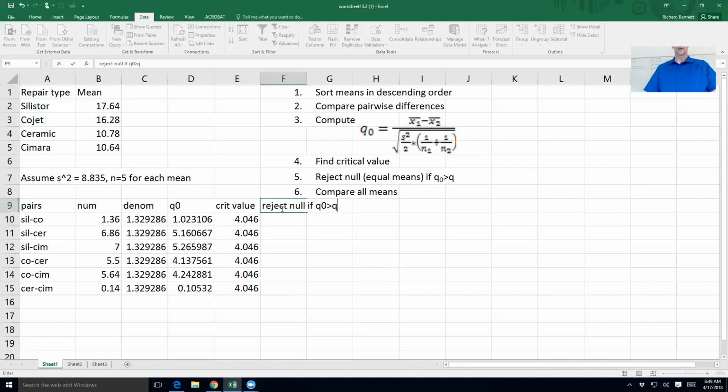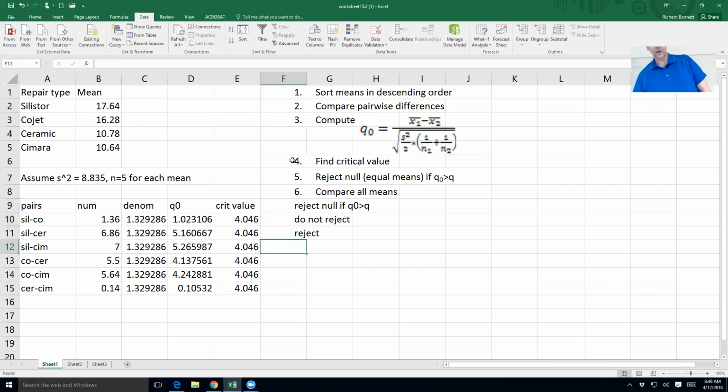Okay? So is Q naught, 1.02, greater than 4.046? No. So we're going to do not reject. Is 5 greater than 4? Yeah, so this one says reject.